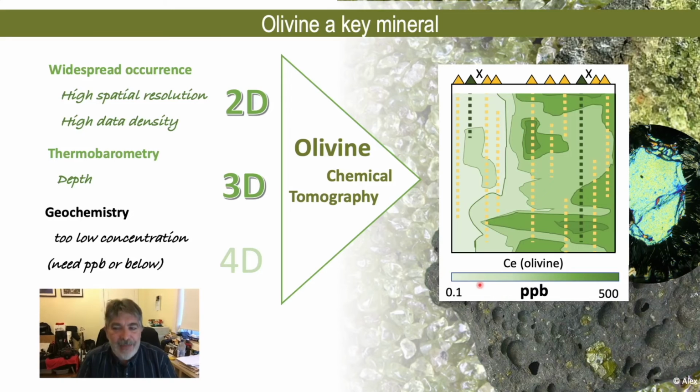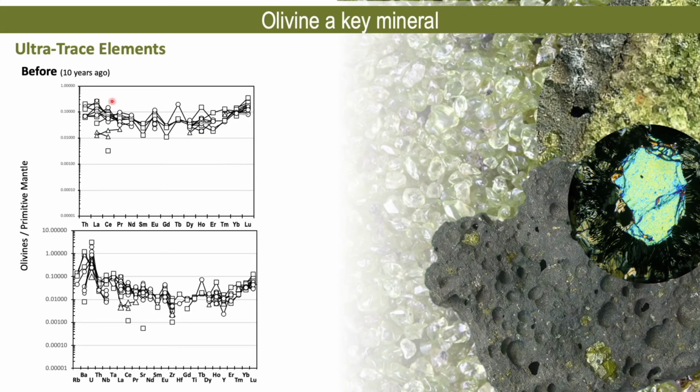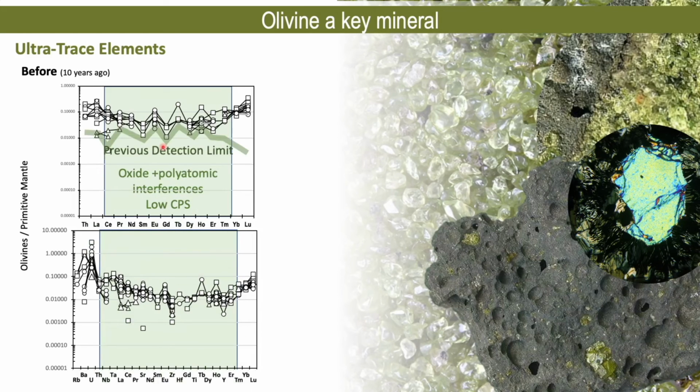What we are missing is the ability to measure routinely ppb levels of trace elements in olivine. This is what olivine trace elements looked like 10 years ago. Spiky and very messy. It's due mainly to oxide and polyatomic interferences, but also low counts and high detection limits.